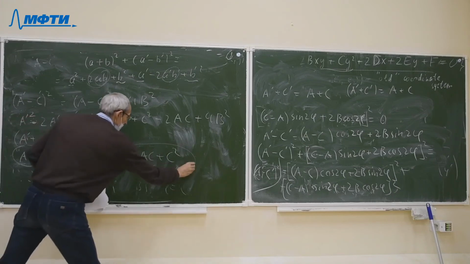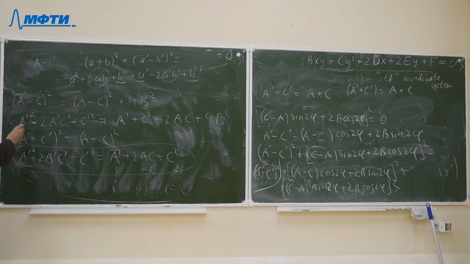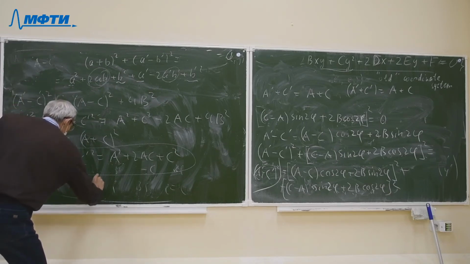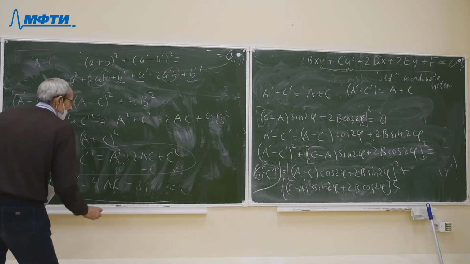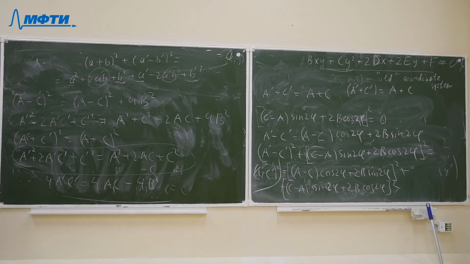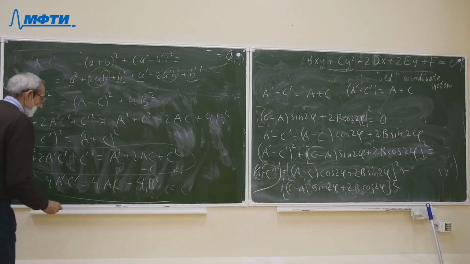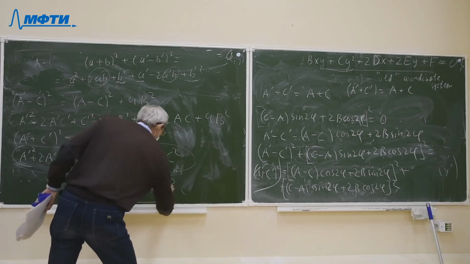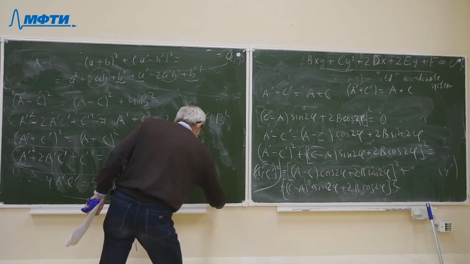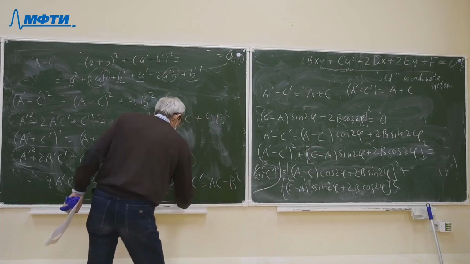From this equality we can subtract this equality, A square, C square, and we obtain 4 A prime C prime is equal 4AC minus 4B square, and we obtain A prime C prime is equal AC minus B square.